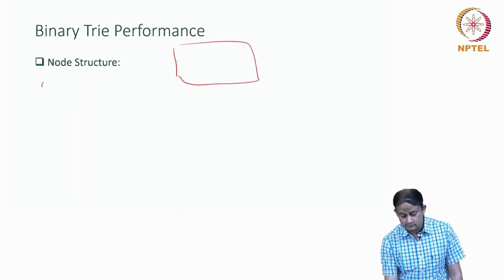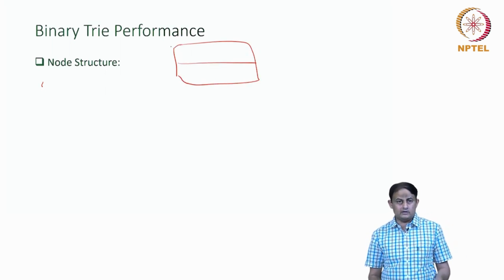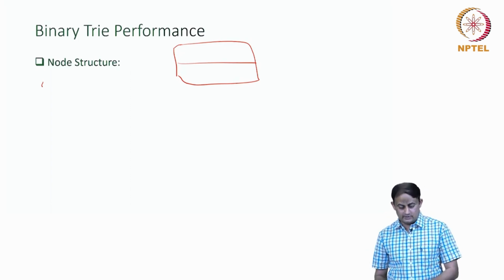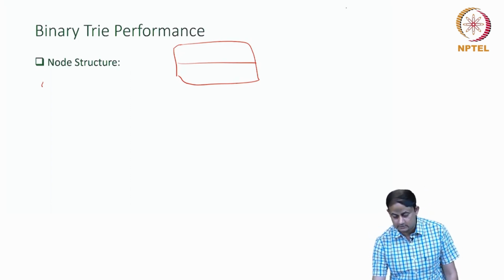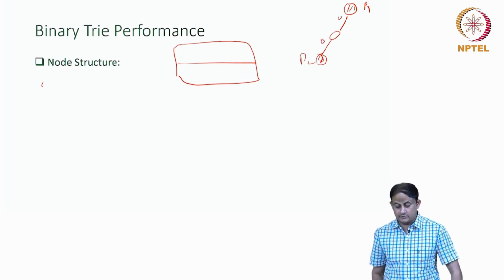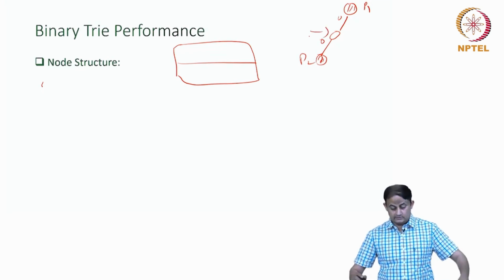One is the indication of whether this particular node is representing a prefix or is not representing a prefix. So for example, if I have this one, this is my star, this is the prefix P1, and then I might have 0 followed by 0, this is 0 0, and this node is actually representing prefix P2. But the middle node is not representing any of the prefixes.